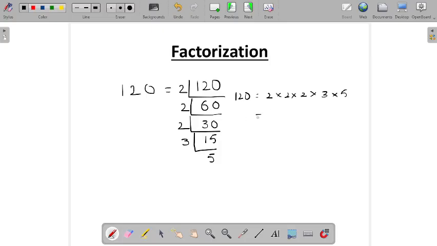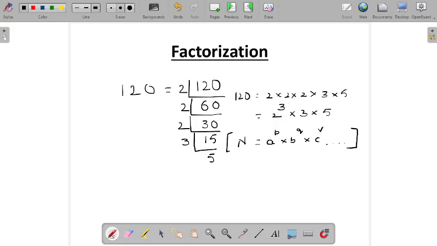It can also be written as 2 cube into 3 into 5. See, any number, when we apply factorization, is in this form: n equal to a power p into b power q into c power r, etc. So just remember this.